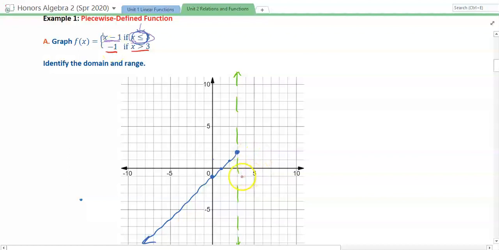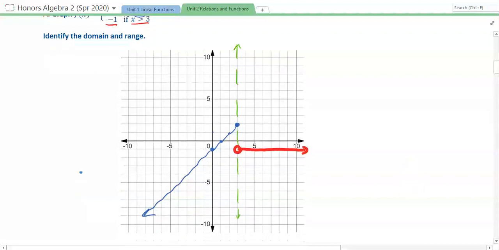And so it's going to be at negative 1 going out like this forever when x is greater than 3. But remember what we said. If it's just greater than or just less than without the equal to part, we got to put a circle there, because that means it is not equal to at that value. And so what we end up is these two pieces.